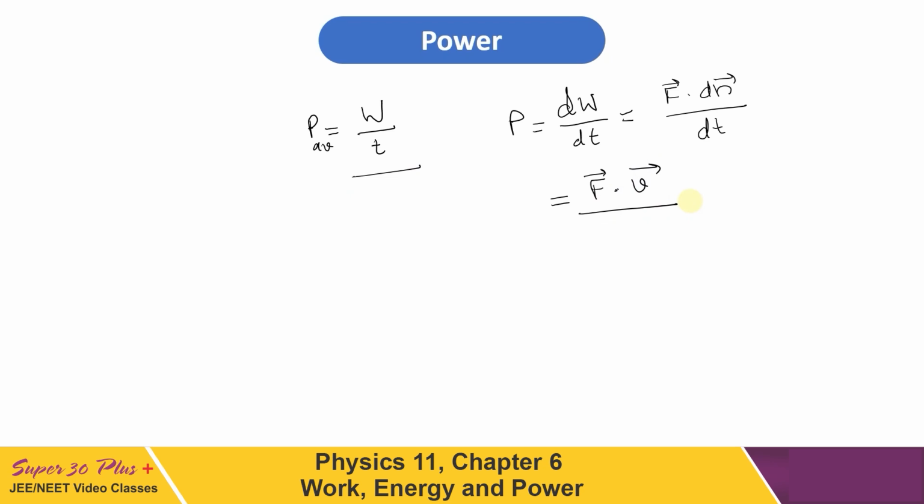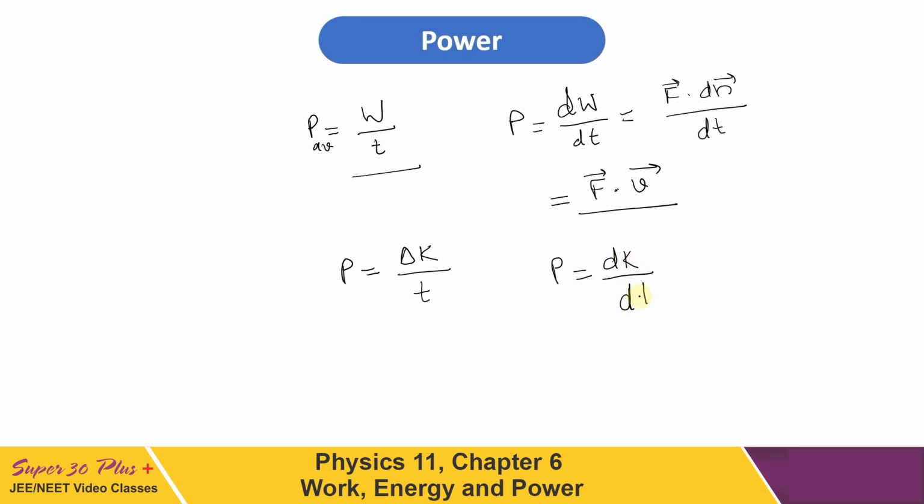There is one more mathematical definition to express power, because as we know, work done can be written as the net change in kinetic energy. So this can be written as delta K upon t, that is net change in kinetic energy upon time. In instantaneous form, it can be written as dK upon dt.